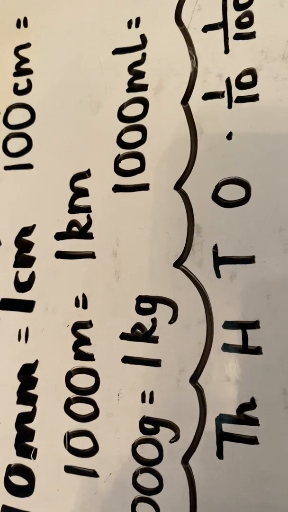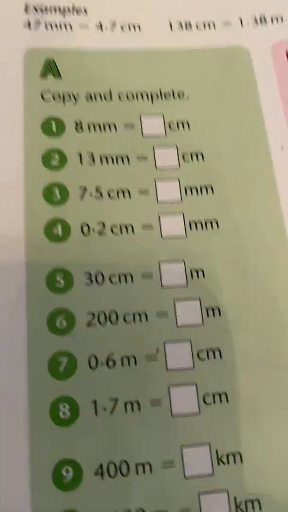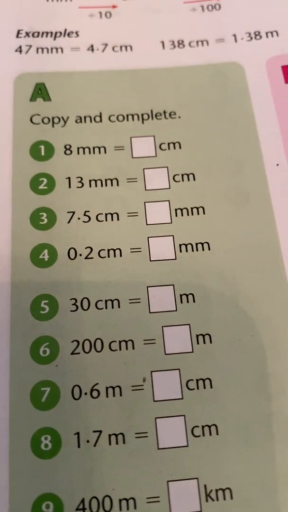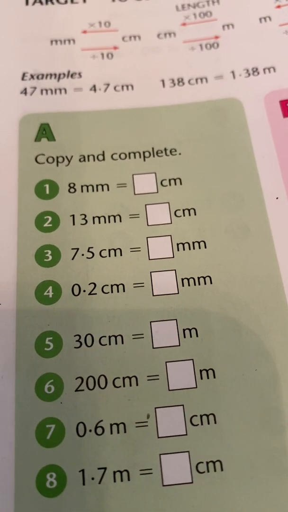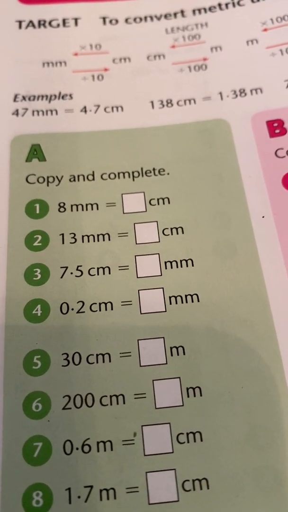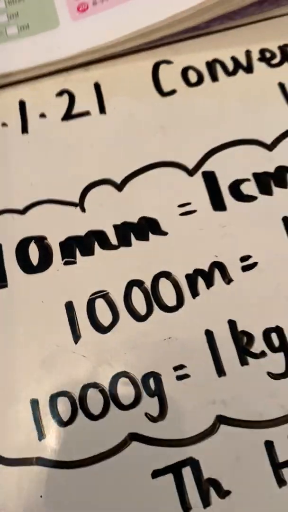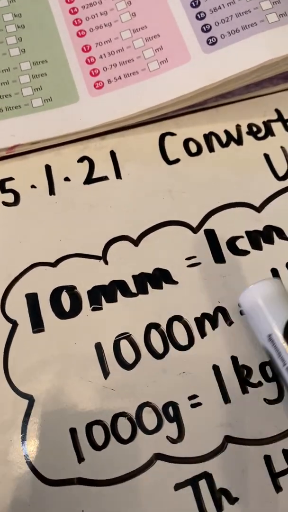Okay, so let's have a little look back at what the questions actually ask us to do. Now I'm going to start by going through A a little bit. So it says 8 millimetres is how many centimetres? Okay, so the first thing I'm going to spot is that I want millimetres and I want centimetres. So I'm going to come back to my poster, which is not that great because it's on a whiteboard, but I'm sure yours will be better. Millimetres and centimetres.